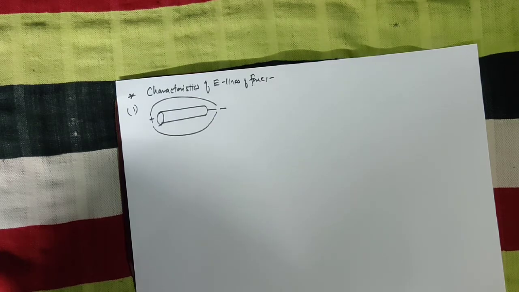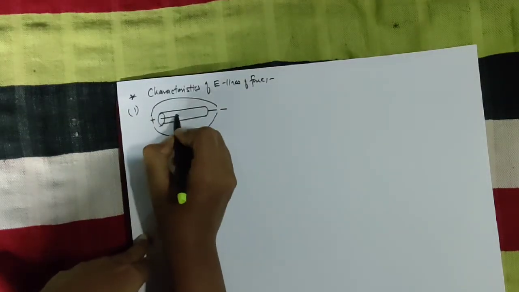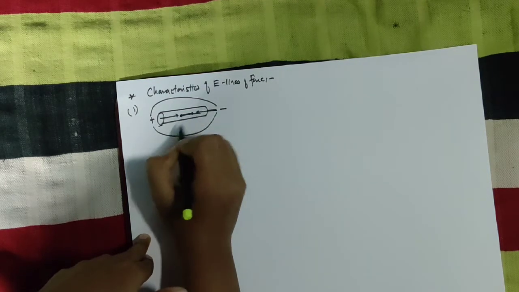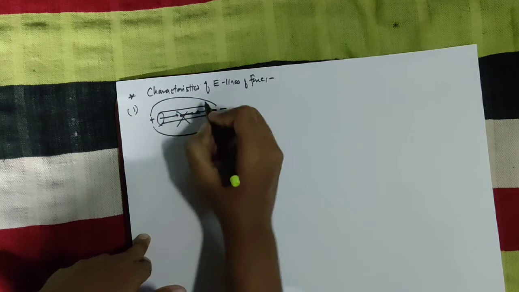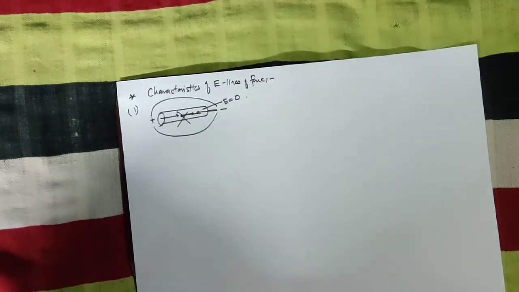It is the same at all the points. The fourth characteristic is that the electric lines of forces do not pass through a conductor. That means this plus charge does not pass through the inside of the conductor, and this negative charge does not pass through the inside of the conductor. Because of that, the electric field is equal to 0 inside the given conductor.